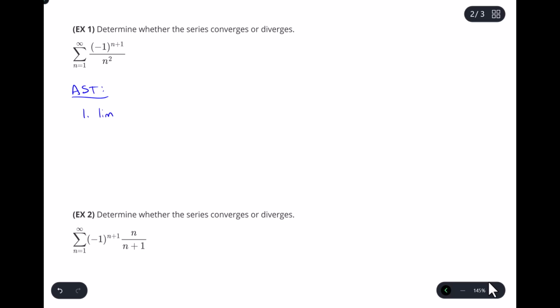Because it's pretty straightforward, I generally do the limit first. So we want the limit as n goes to infinity. And like I said, you can think of this as the absolute value of the whole thing. And the cool thing about that is when you take the absolute value of this whole thing, then effectively it just removes the alternating term.